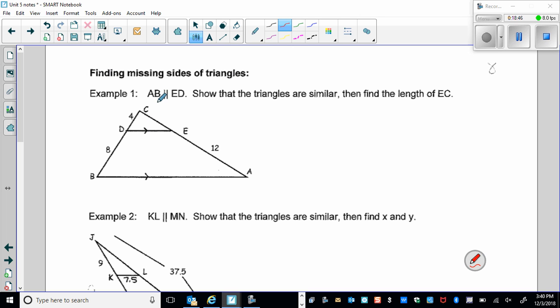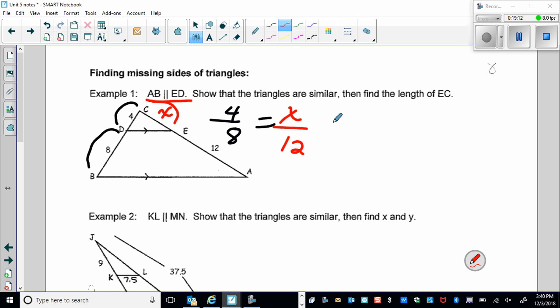So in this case, if you know that the 2 sides are parallel with each other, then they cut the proportional parts. So I'm looking for this X, right? So what I can do is this portion over this portion, right? So I can do 4 over 8 is going to equal the other side, which is CE, which is X over 12.